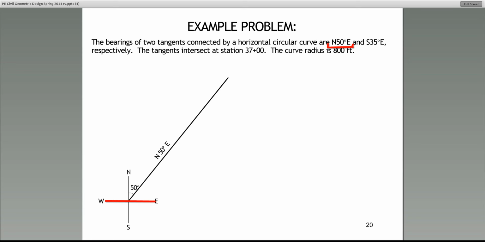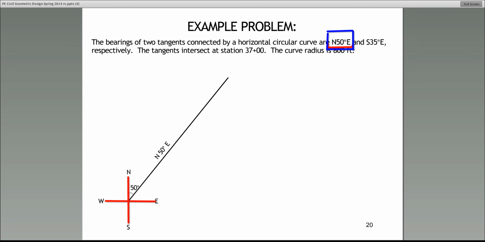The first thing that you do, you draw these directions, north, south, east, west. Just identify that coordinate system. Then look at the bearing. In this case, it says north 50 degrees east.